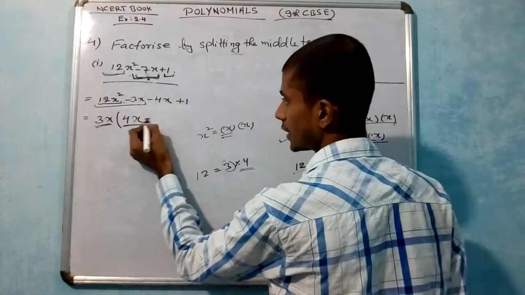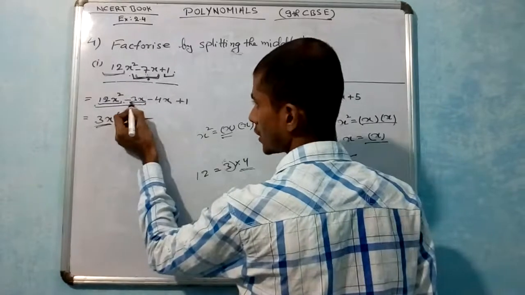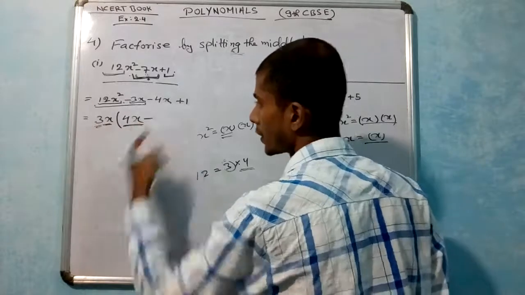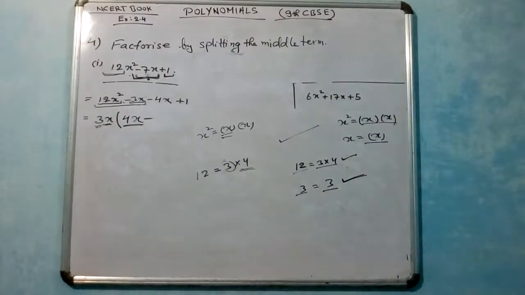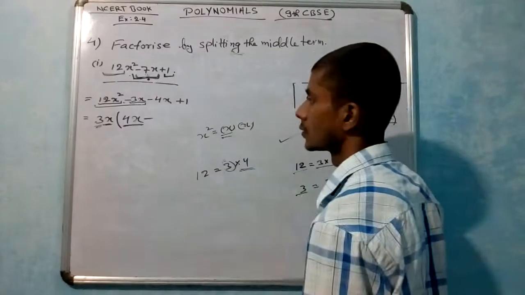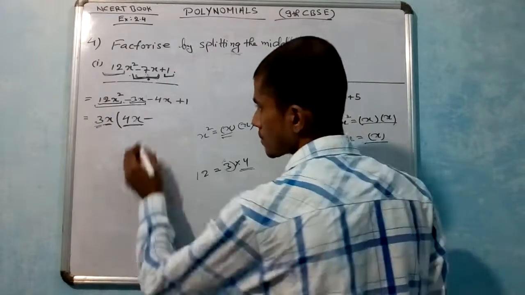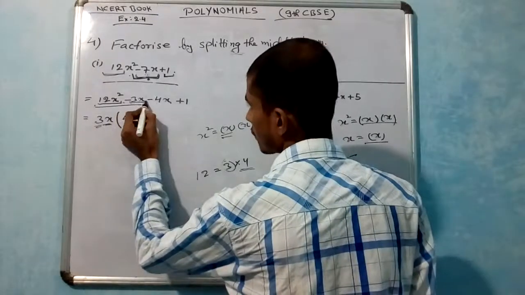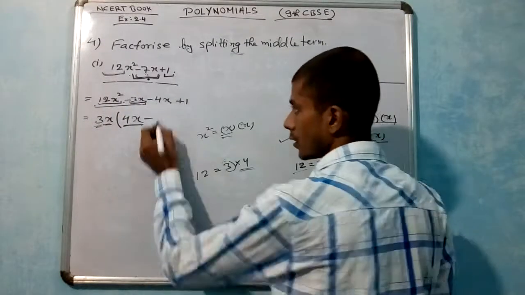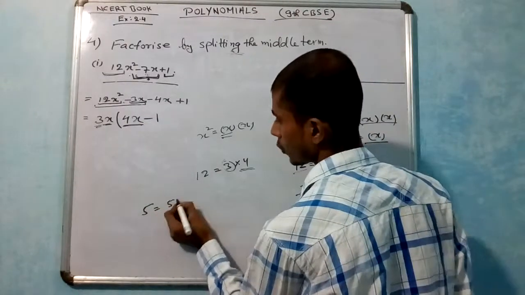Then minus sign as it is, and then from this second term, that is 3x, if 3x is taken outside, what is left here? 5 means 5 into 1, we can write.